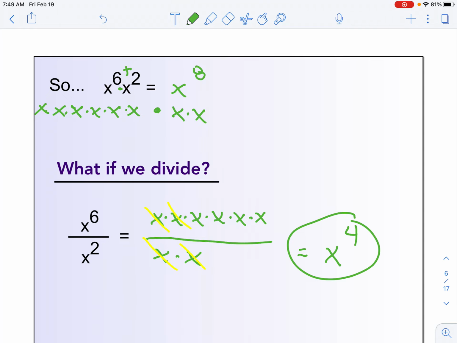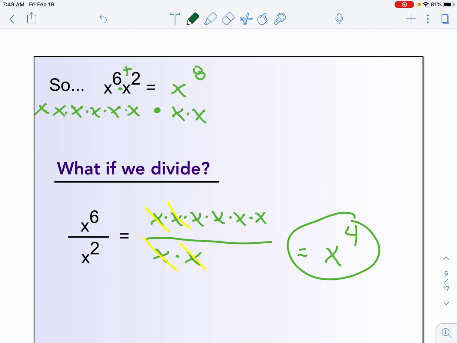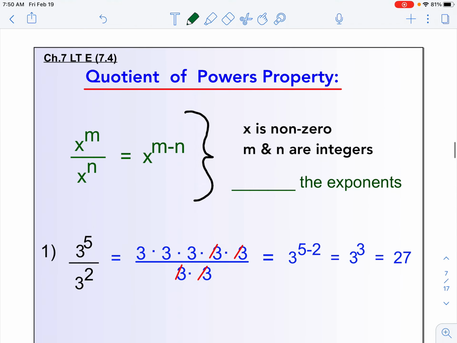So when we divide, we're really subtracting those exponents. So this becomes x to the 6 minus 2, which is x to the 4th power. And that is our quotient of powers property.